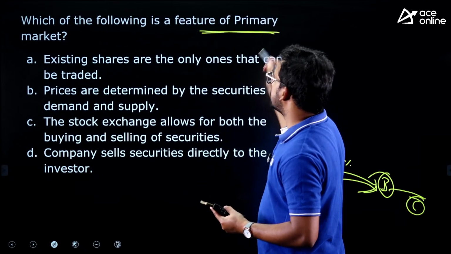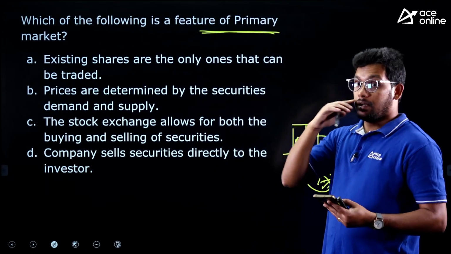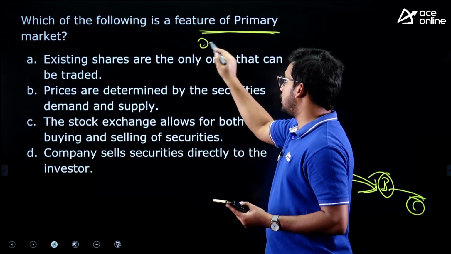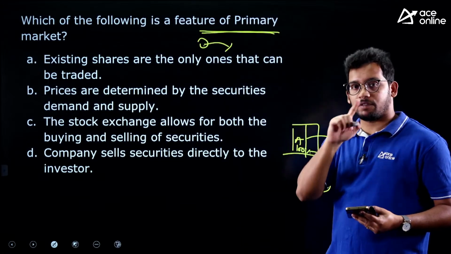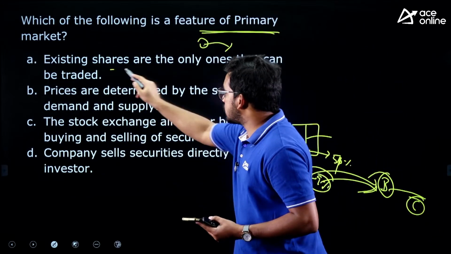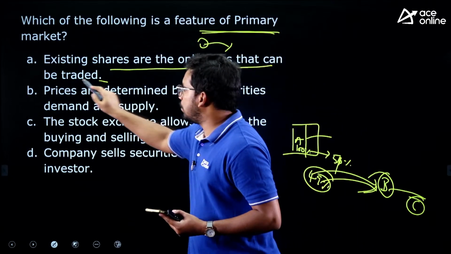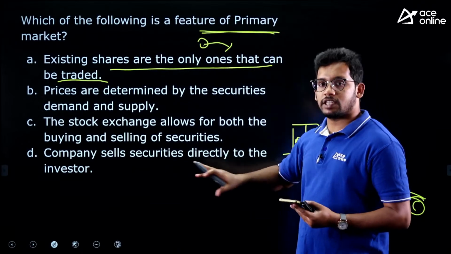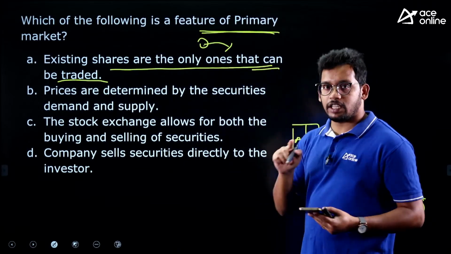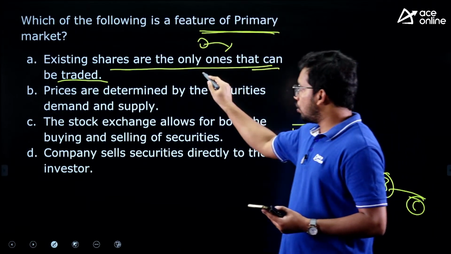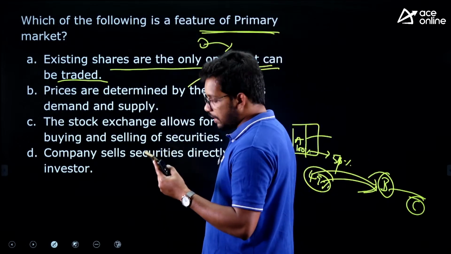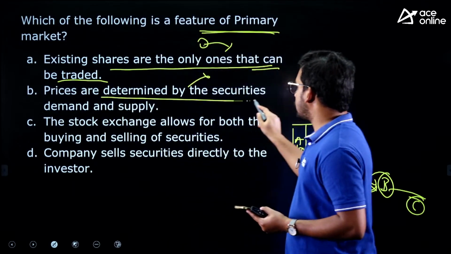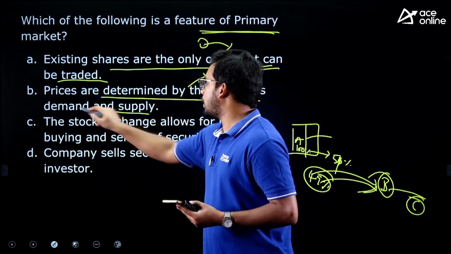Which of the following is a feature of the primary market? Always remember the example: the company is giving the shares to the public for the first time. Existing shares are the only ones that can be traded. So they are saying that already existing shares can be traded. Do you think that trade is possible in the primary market? No. So the first option is eliminated. Prices are determined by the securities' demand and supply.